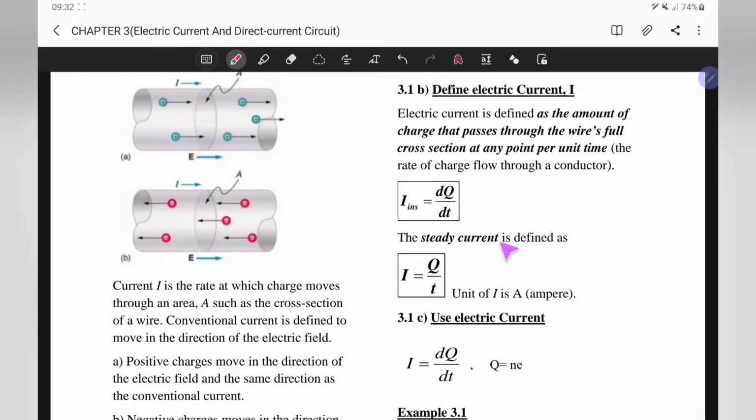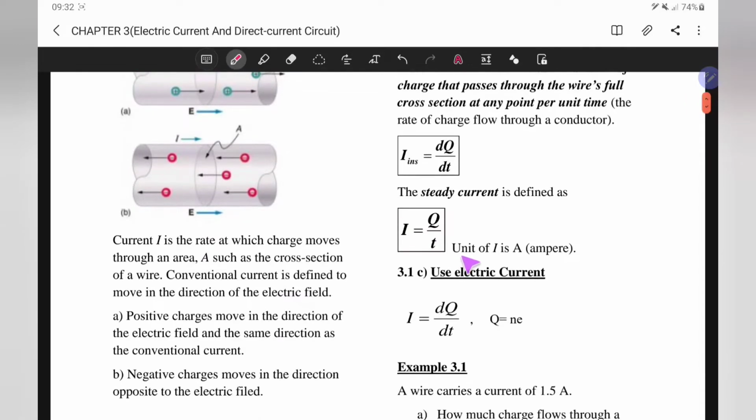The steady current is defined as I equals Q over T. This is for any steady current. We are talking about changes in Q also in time, isn't it? But for the steady current, we take it as I equals Q over T. The unit of current is the ampere, capital A.